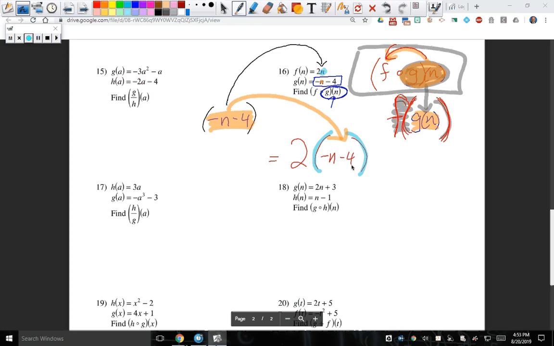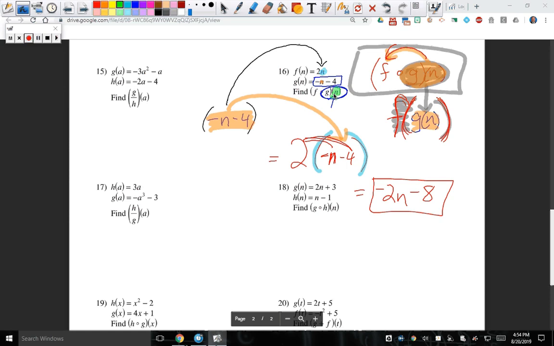So this 2 will multiply and distribute on both of these pieces. So 2 times a negative n will become negative 2n, and 2 times this negative 4 becomes a negative 8. So that your final answer is going to be like this. Notice that this does not have just a number as a final answer, and the reason is our input was not just a number, like in example 8.